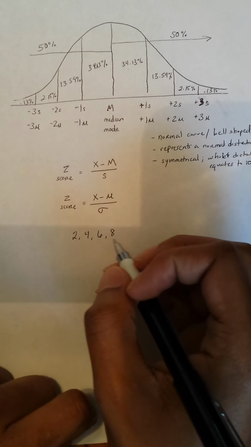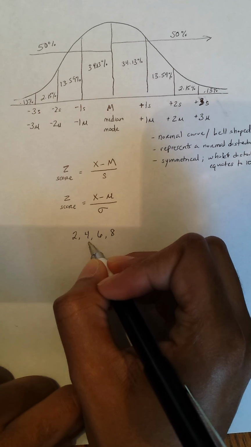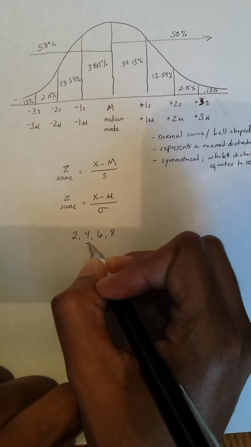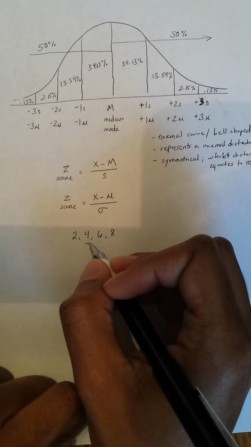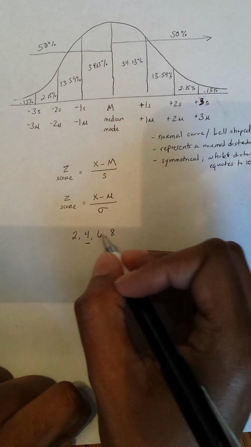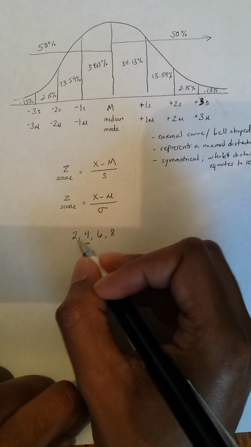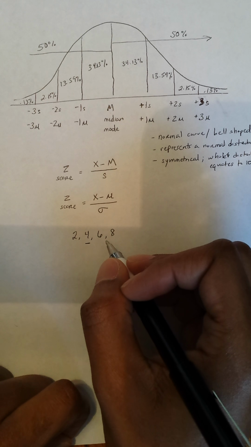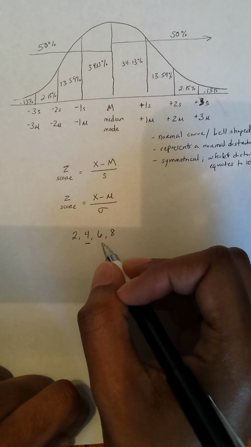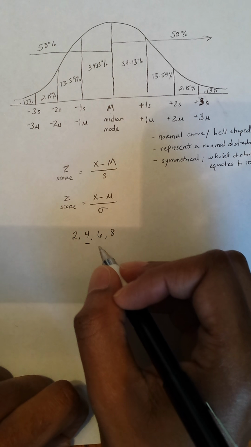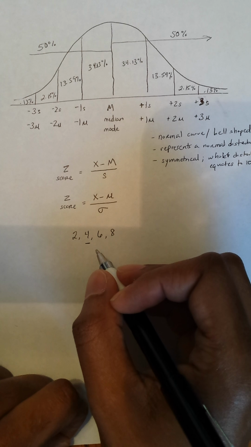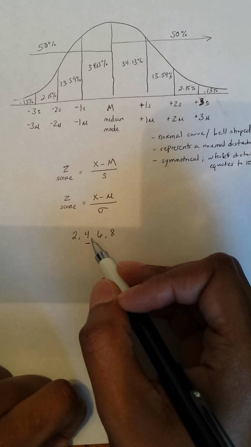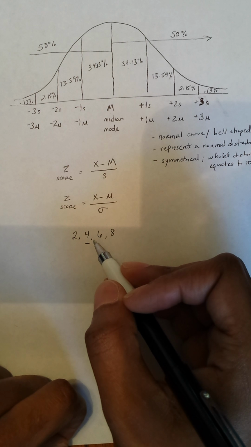Okay, and we wanted to know where the score 4 fell in terms of this data set's mean, and in terms of how much variation is within this data set. Okay, so because we're using so few numbers, you may be able to use deductive reasoning and figure out that, for the most part, this 4 would probably be below the mean.